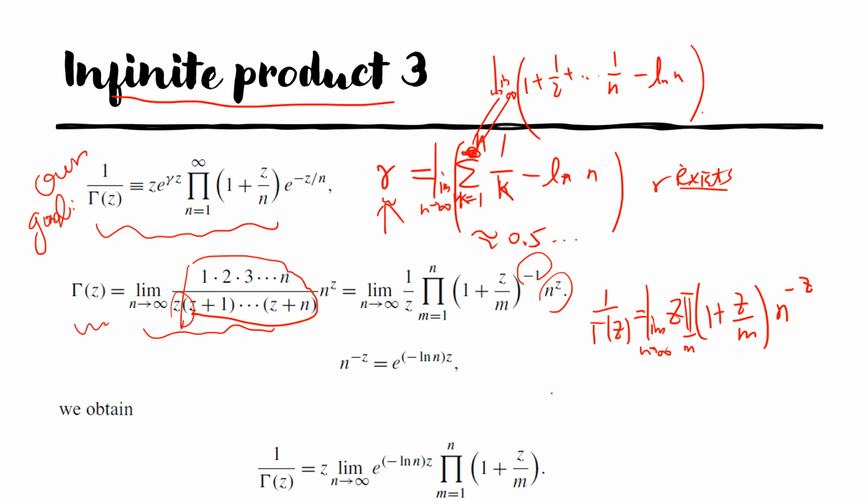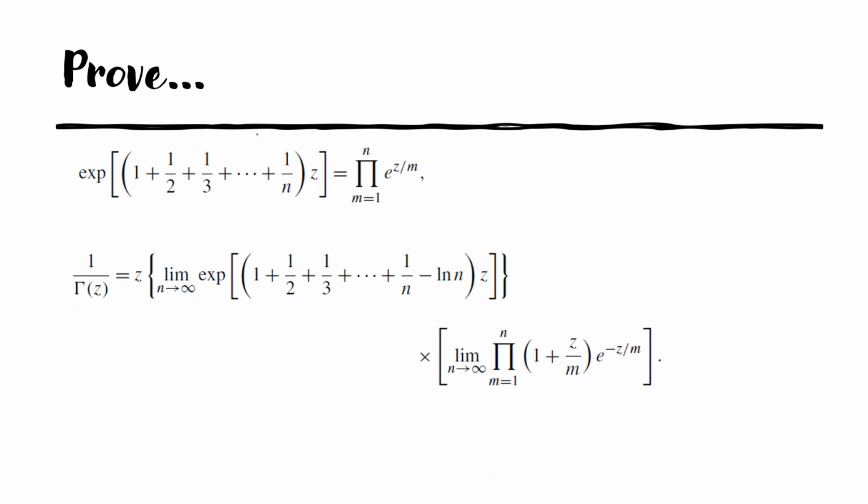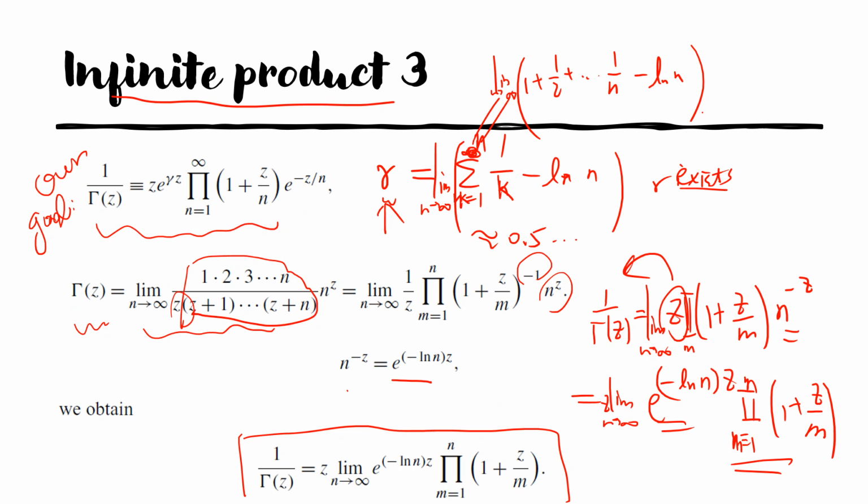An n to the negative z can be replaced by exponential of negative log n times z. So just pull out this z, and the n of z becomes this term and this term. So we got this.